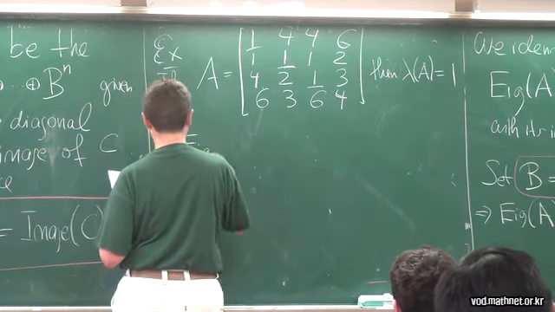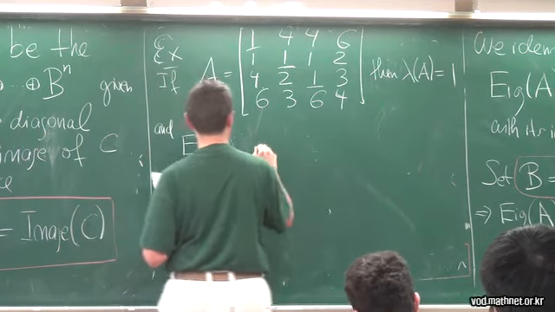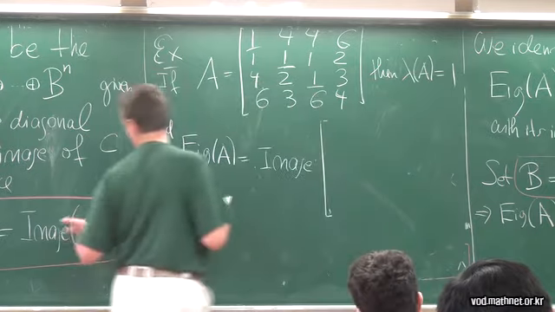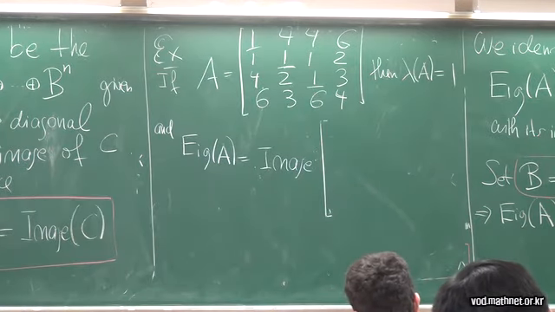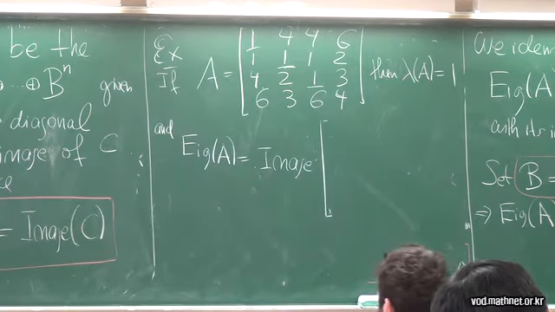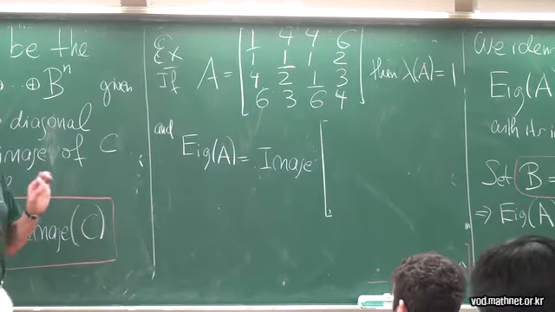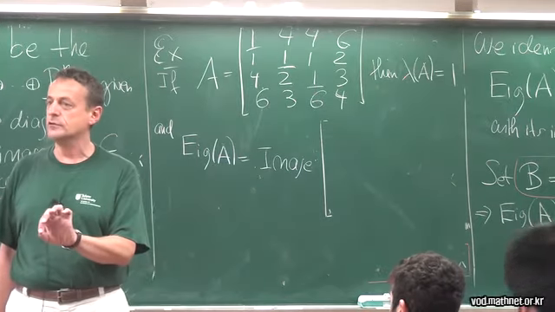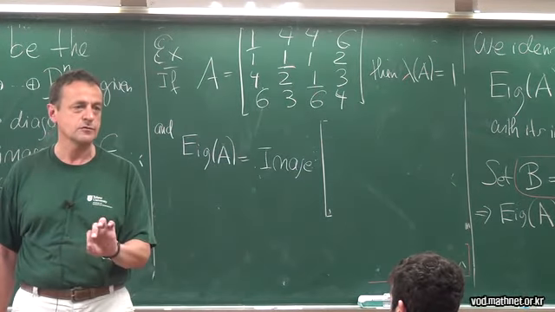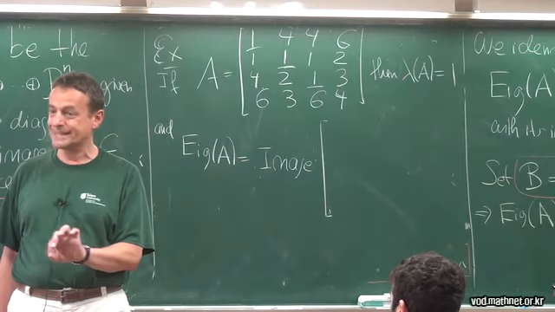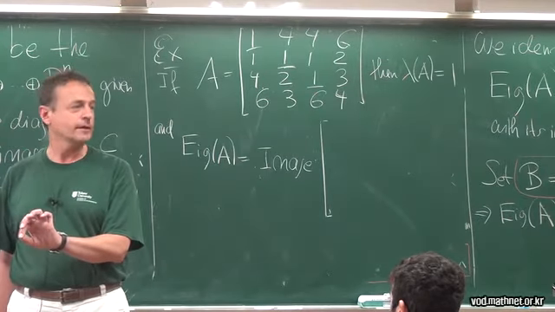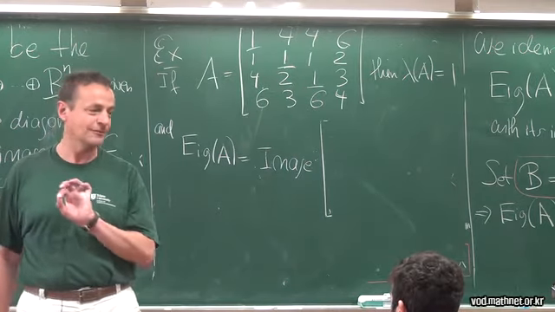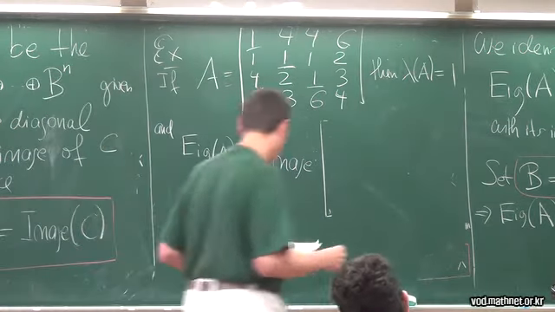So in this case, the eigenspace of A is the image of the following matrix. I'm not going to go through the calculations. I mean, this is easy to do. So when you have the matrix C, what we usually do is we make the last row all 0. So if you have an entry in the last row that's 6, you tropically multiply that column by -6, and then it's 0. It doesn't change the image of the matrix, okay?